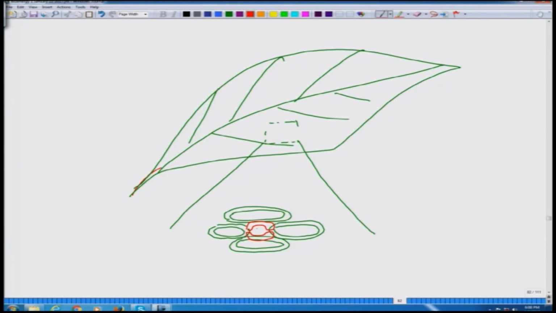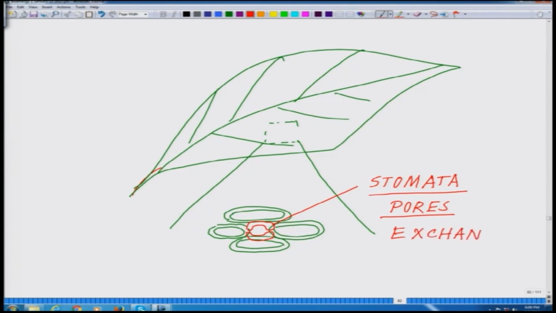The ones I drew in red color are essentially called the stomata. Stomata are small pores which regulate exchange of gases and regulate movement of water.